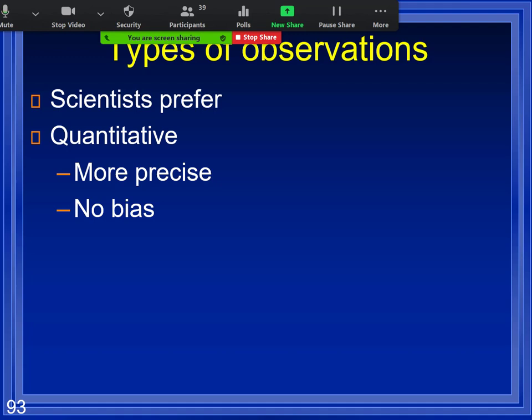My bias was that when it finally warmed up to 60 in the springtime, I put on shorts. Is 60 degrees Fahrenheit hot or cold? Depends on where you're coming from. The real reason why we prefer quantitative is it's testable. If somebody says it's 100 degrees, there's a way to figure out if it's 100 degrees. And you're both going to be able to check it.